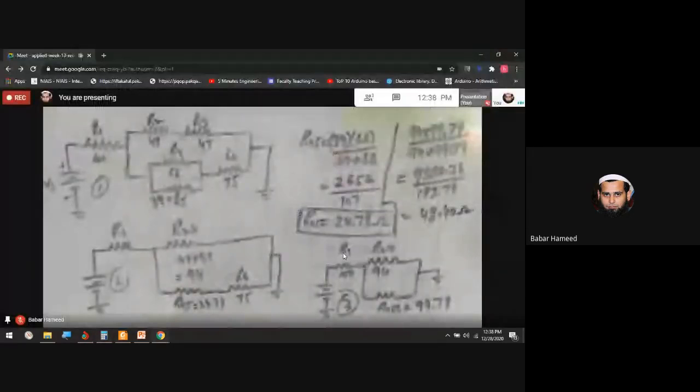Let's have a look here. This is our parallel combination of R23 and R456.